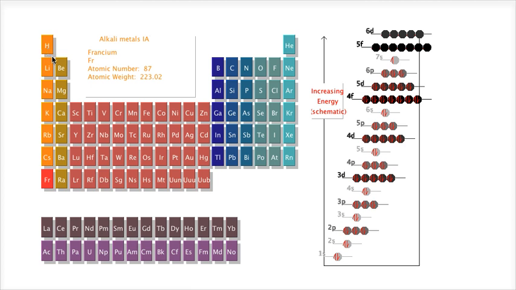Okay? Now, the second column, you're all going to end in s2, and that kind of just goes down again. And over here, if you jump over here, these will end in p1, and then p2, and p3, and p4, and p5, and p6. Not helium, sorry.